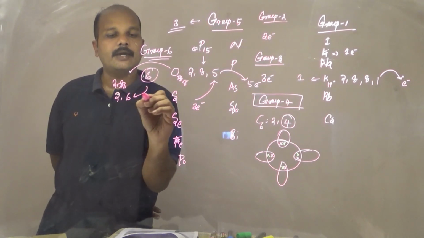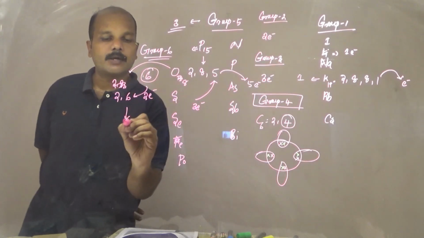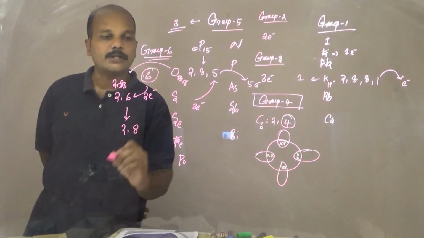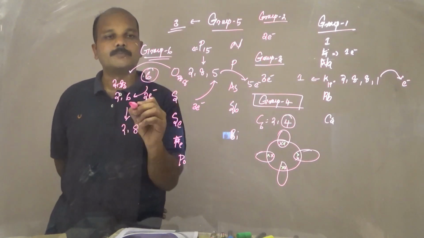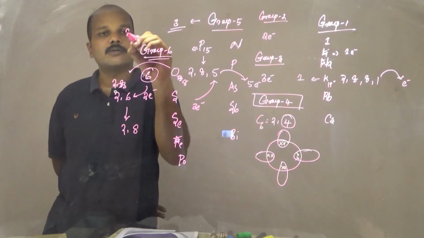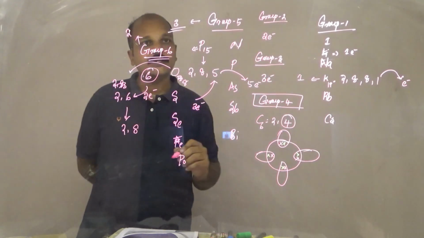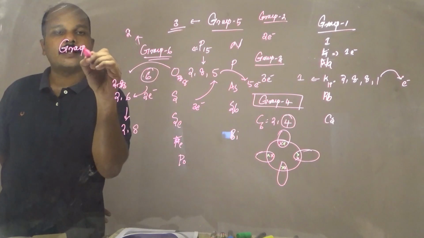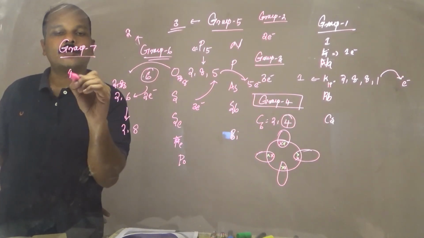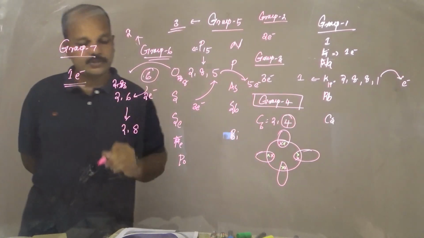It can gain 2 electrons so that this becomes 2, 8. So the valency of group 6 elements is 2. And group 7 elements have 1 electron less than an octet, with 7 in the outermost shell.